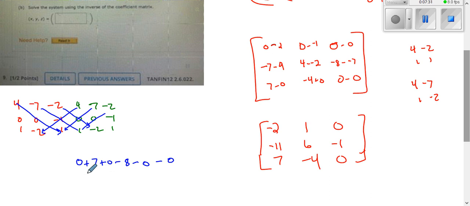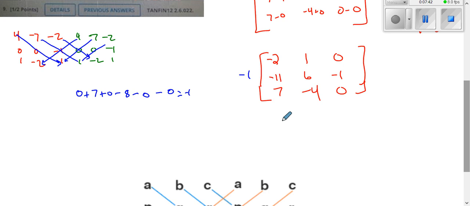So 0 plus 7 plus 0 minus 8, minus 0, minus 0, that's negative 1. So negative 1 times this basically just changes all these signs: 1, 0, negative... oh, not a negative. 2, 1, 0, 11. Negative 6, 1. Negative 7, positive 4, 0.